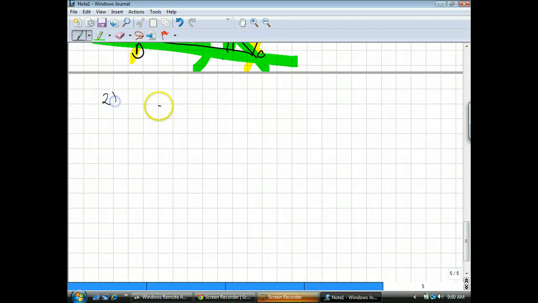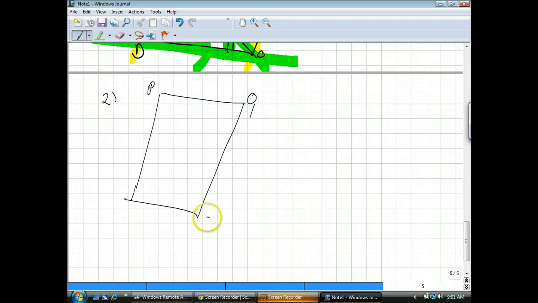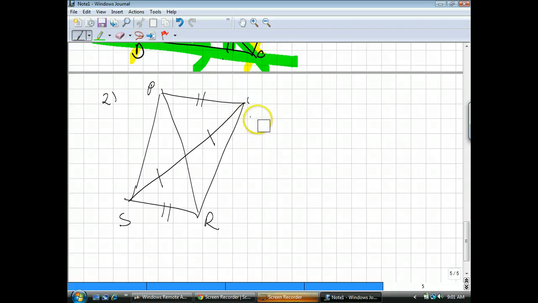Example 2. If I have this quadrilateral PQRS, and I know this segment is congruent to this segment, and this one is congruent to this one, can I say that this quadrilateral is a parallelogram?